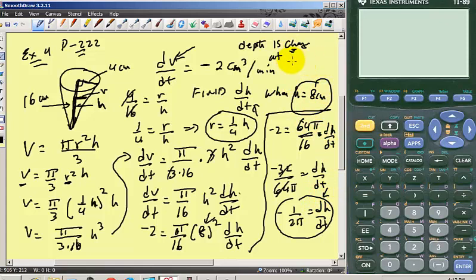But if I use increasing or decreasing, then I have to be very careful I don't get double negatives. So we use the word changing at -1 over 2 pi, and this is depth, so that'll be centimeters, not squared or cubed, because it's just the height per minute.